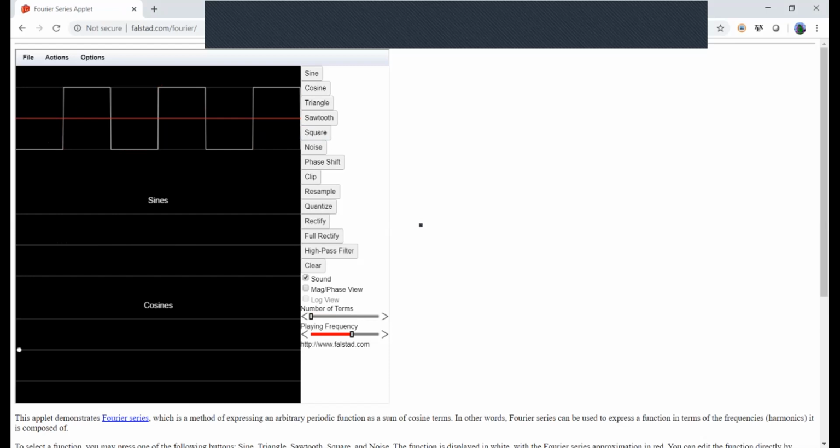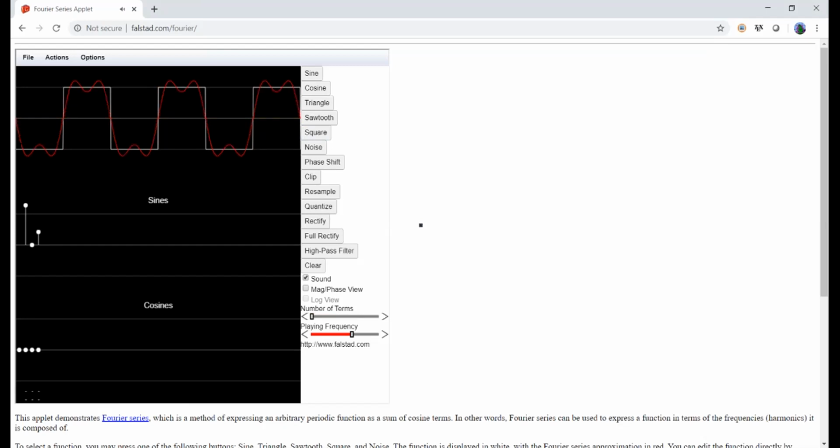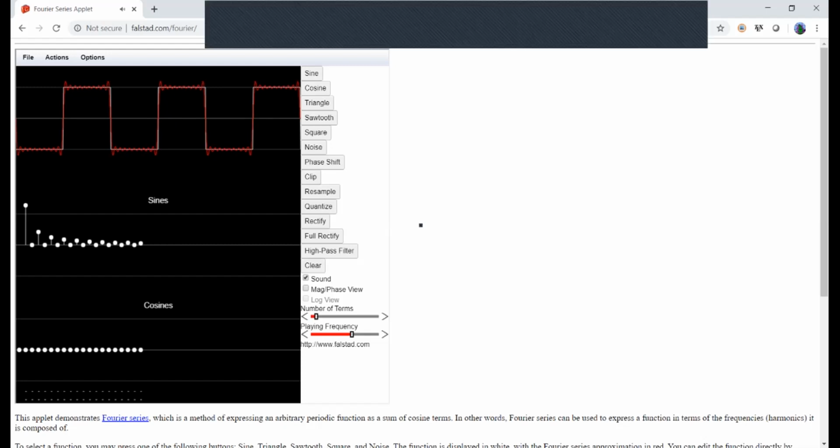So as you increase the number of terms, first you have a sine, now you have 2 terms, but remember the even ones are missing. Now you have the odd one. Cosines are 0, because it's an odd function. Even ones are missing. You can play with this if you want, but this is what it really means.